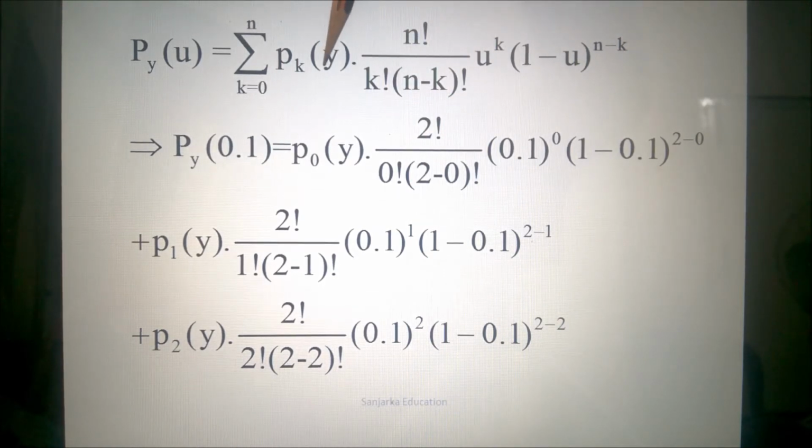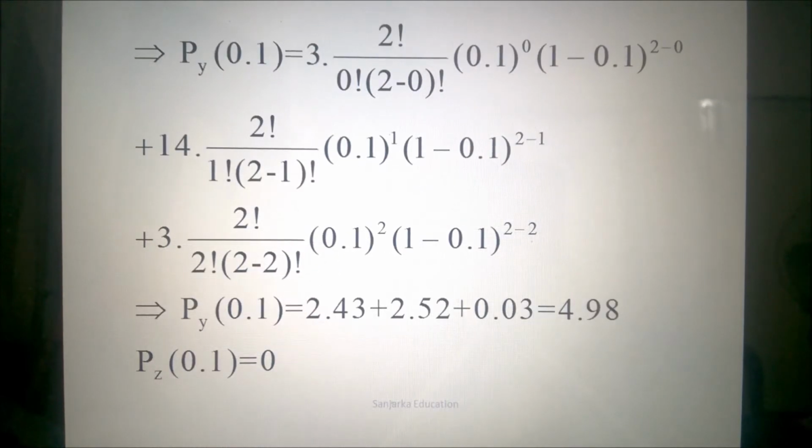The blending function will remain the same, but the y coordinates will change here. You can see, as I showed in the previous, they are 3, 14 and 3, and if we calculate, you'll find 4.98. In that way we are calculating the x coordinate and y coordinate, and because the z coordinate is 0, the z coordinate will be 0.